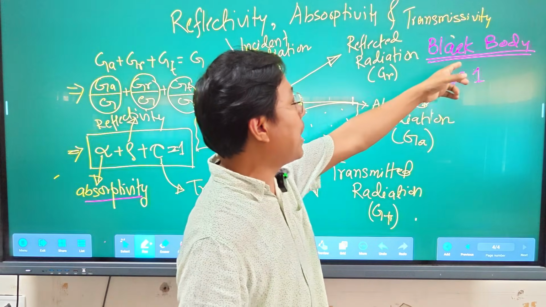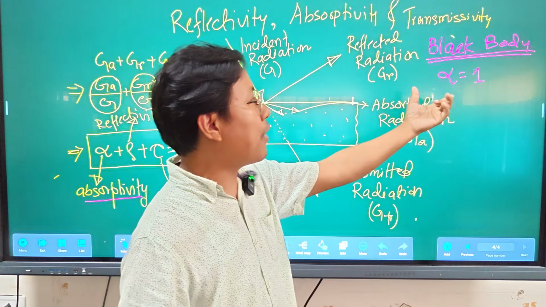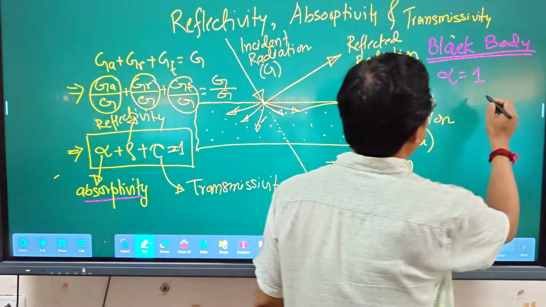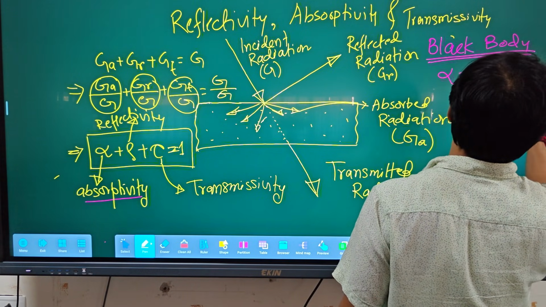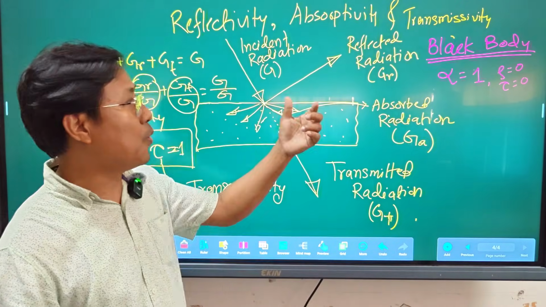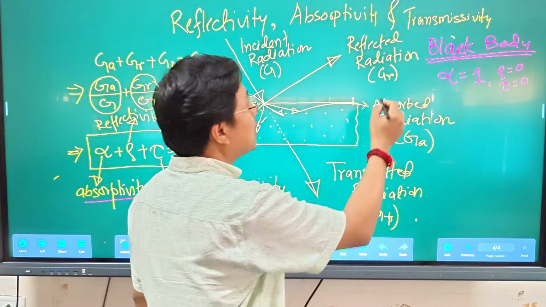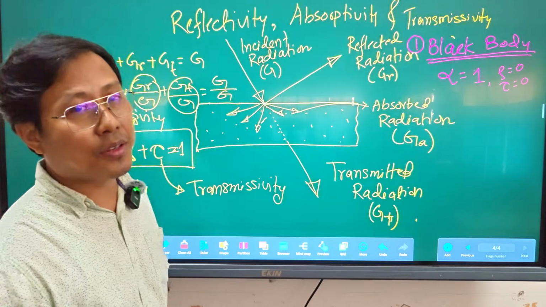Only then will that body be called a black body. So a black body is the body when alpha equals 1, that means rho equals 0 and tau equals 0. This is one important body existing in radiation heat transfer.